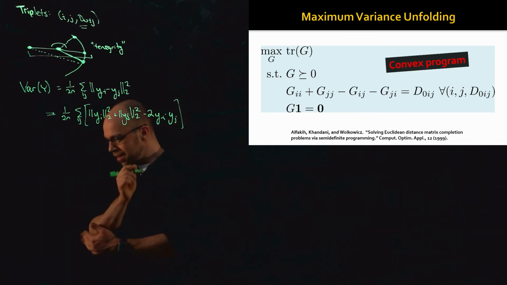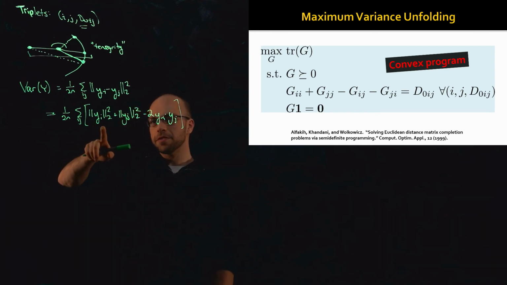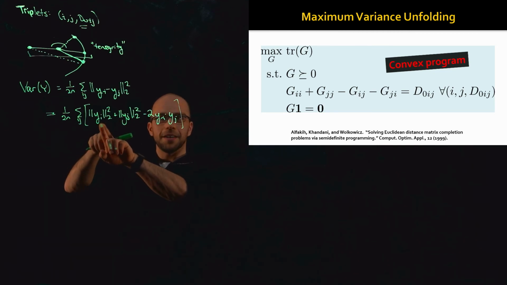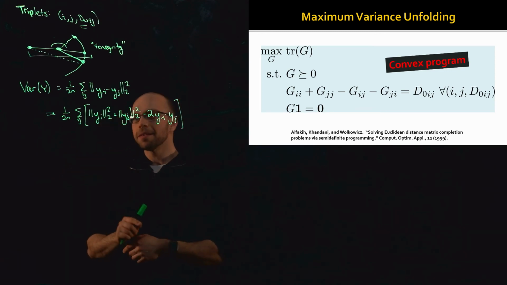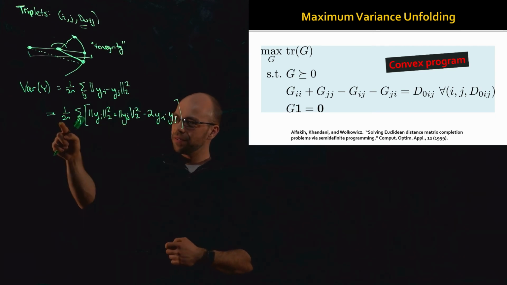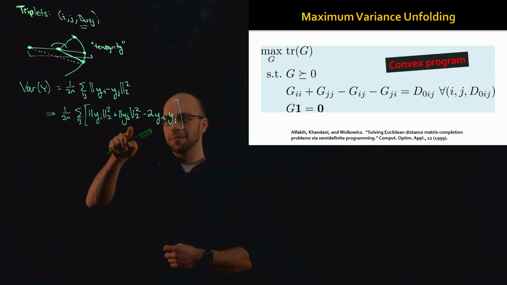And now I can write this expression in a very different way. Notice that for the first term, there's an index i but not an index j, so I gain a factor of n over the sum over j. So this is in effect 1/2 times the sum of the norms of the yi's, and this is 1/2 the sum of the norms of the yj's.